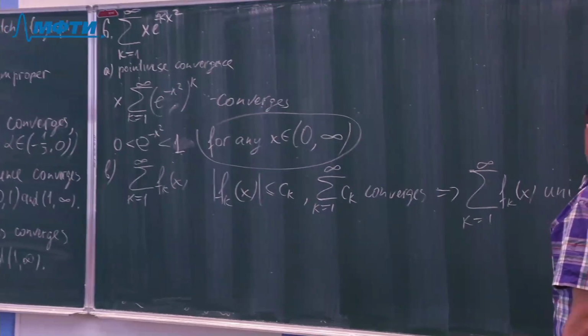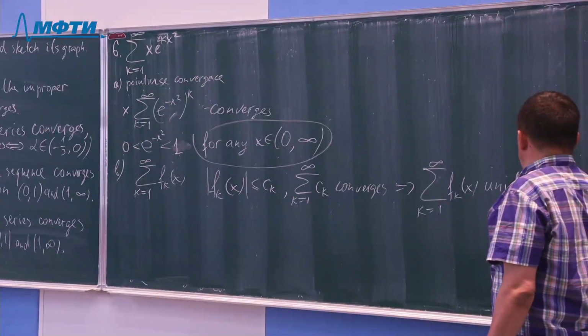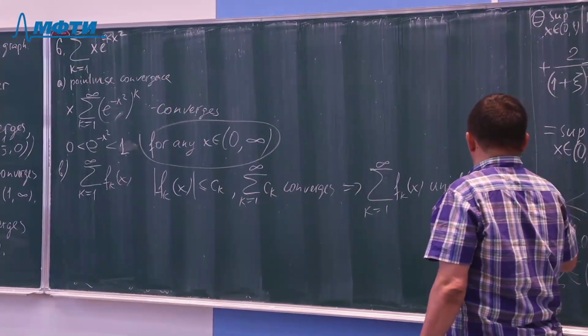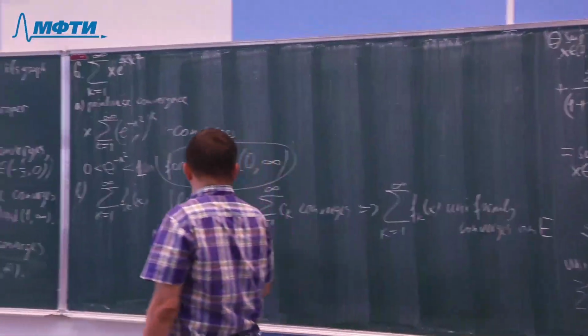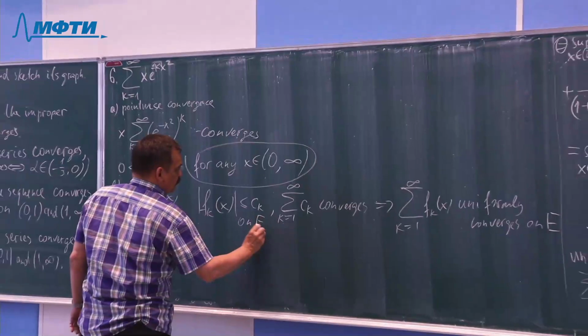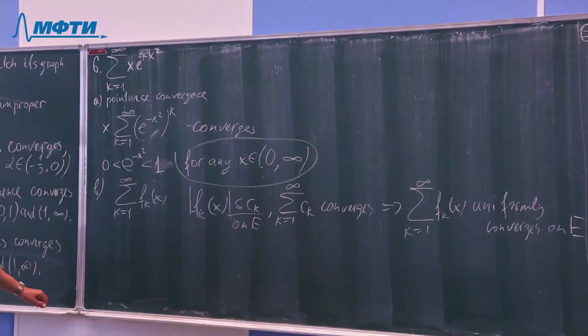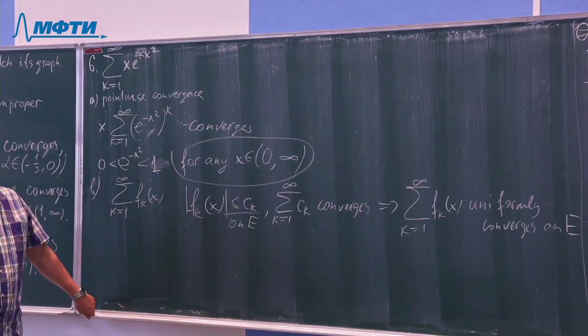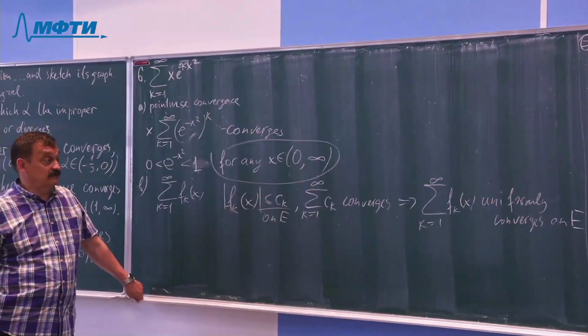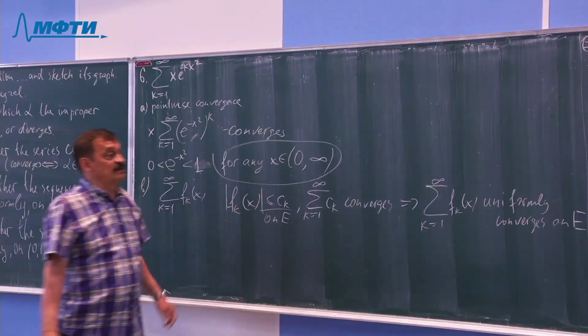Where? On E, and here also on E, this inequality is valid somewhere on a set. That is the Weierstrass test.